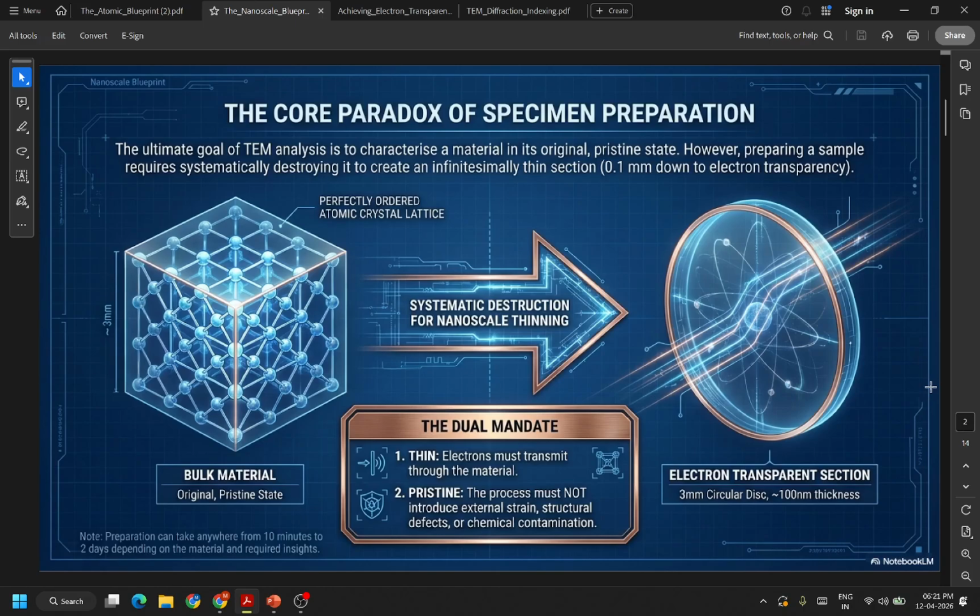So we have two mandates. One is that the material should be thin, that is, electrons must be able to transmit through the material, as well as pristine. The process must not introduce external strays, structural defects, or chemical contamination during the thinning. And preparation can take anywhere from 10 minutes to 2 days, depending on the material and required insights.